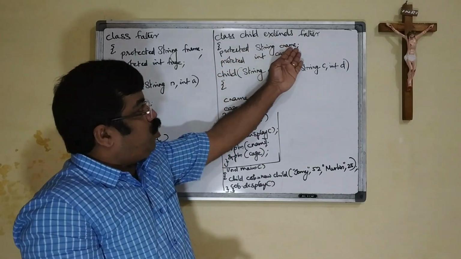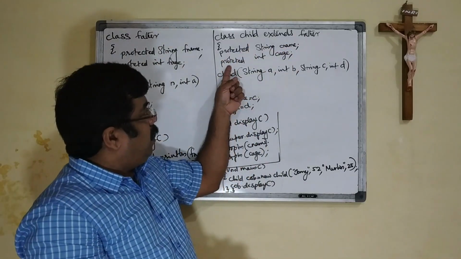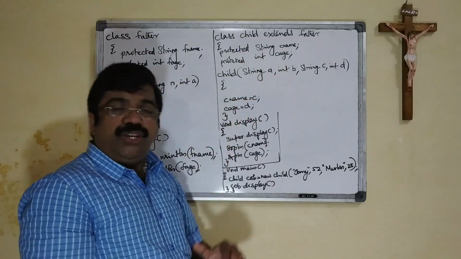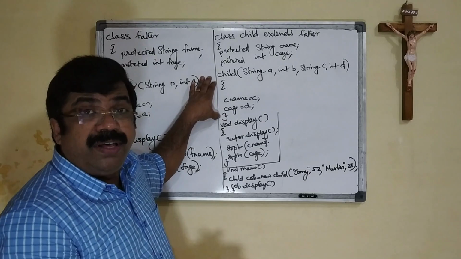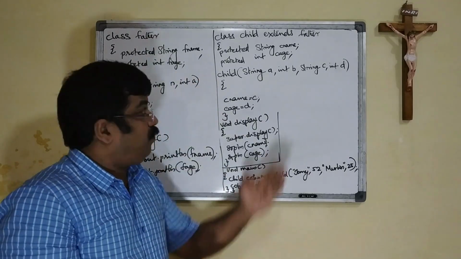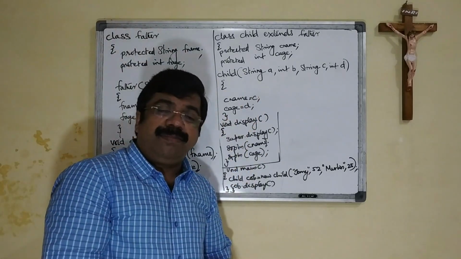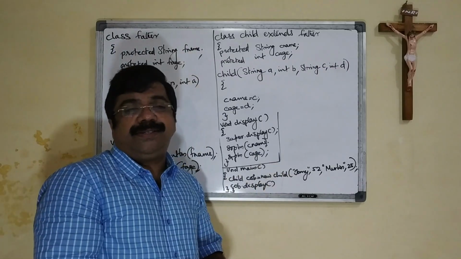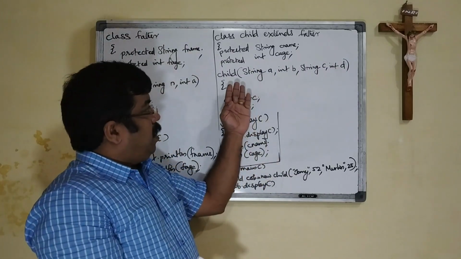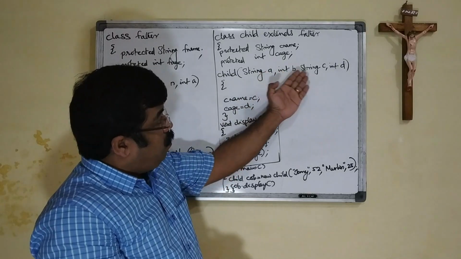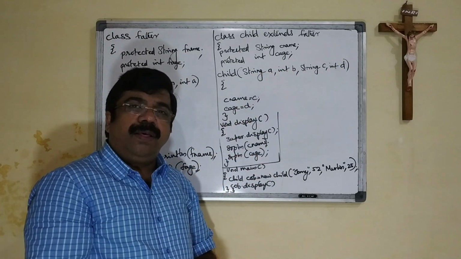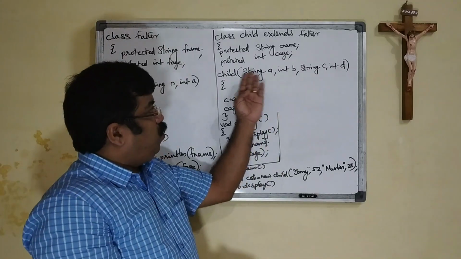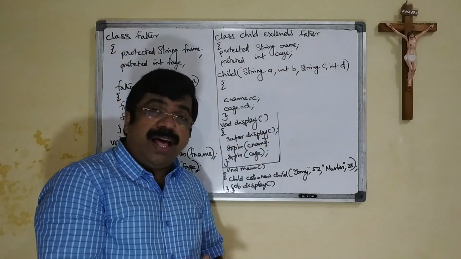Protected String c_name, protected int c_age. Now we have a constructor of the derived class. Here we have given 4 parameters to the derived class constructor.